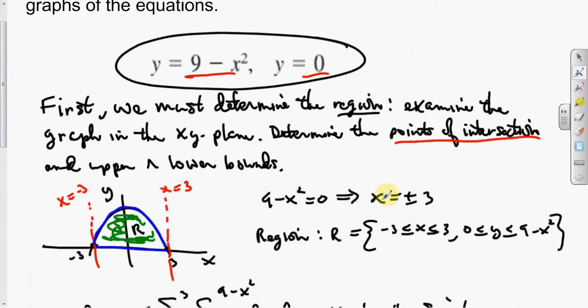From there, I found that x is equal to plus or minus 3. So x is bounded below and above by -3 and +3. And then the y is bounded below by the line here, y equal to 0, and then above by that curve, 9 minus x squared.